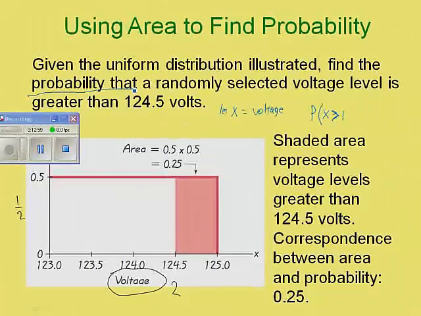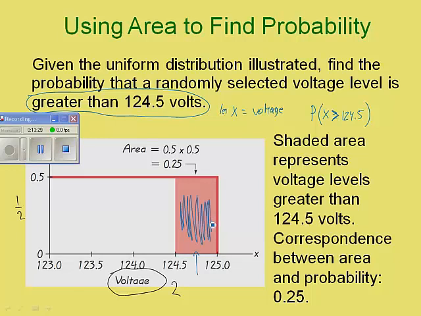It says greater than 124.5, right? So that's the probability that X is greater than 124.5. Okay. And so on the picture, they show you that if you want to know that probability, you compute this area in here. And that's what they do.